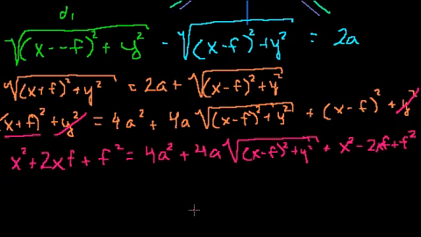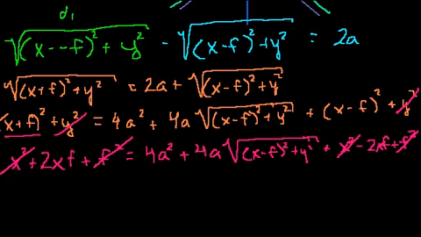And then let's see, what can we cancel out? Well, we have an x squared on both sides of this. We subtract x squared from both sides of the equation. We have an f squared on both sides of the equation, so let's cancel that out. And see, what can we do to simplify it? So we have a minus 2xf and a plus 2xf. Let's add 2xf to both sides of the equation, or bring this term over here. So if you add 2xf to both sides of this equation, see, my phone is ringing. Let me turn it off.